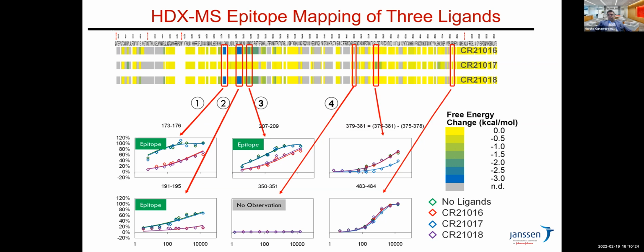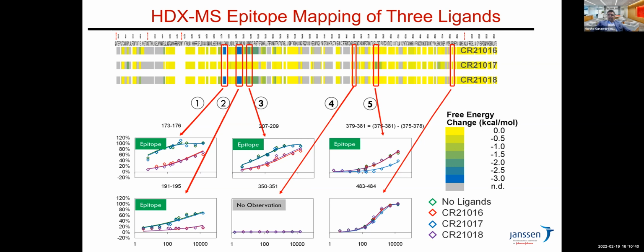In region 4, we do not see any differences in deuterium uptake, or it is significantly slow. All the regions in gray color are non-observed regions where the deuterium exchange can also be too slow or too fast.